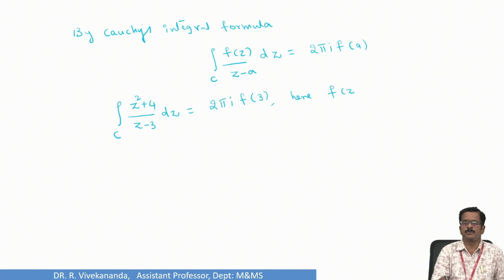Here f of z equals z square plus 4. Then f of 3 means 3 square plus 4, which equals 13.